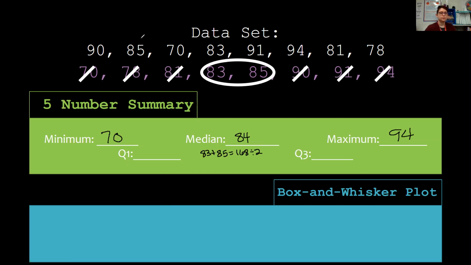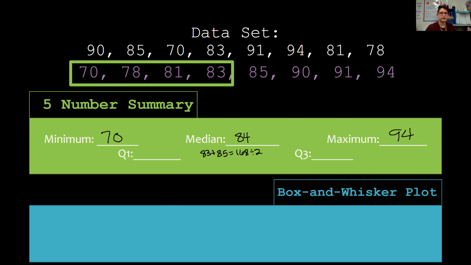Now that we found the point to split our data in half, we can find our first quartile. So we do the same thing. We mark off the numbers until we find what's in the middle. And that's 78 and 81, which we will add together and divide by 2.